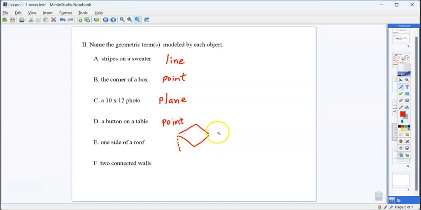A plane is a flat surface that extends infinitely in all directions technically, but again, I know a roof doesn't, but it is a representation of what a plane is. It's made up of points that extend throughout both directions. So we could say it's a plane. And we could also go one step further. If you notice that these are lines that intersect, excuse me, we could also describe this as intersecting lines.